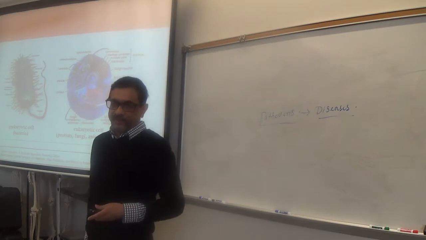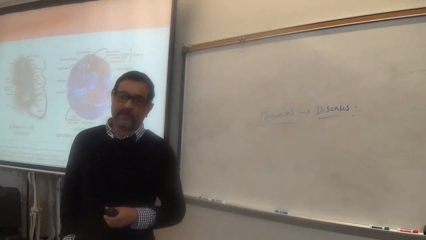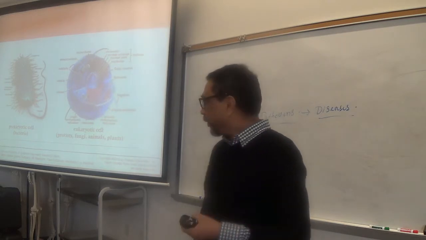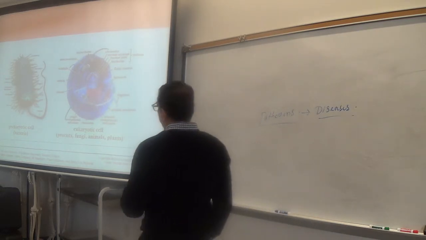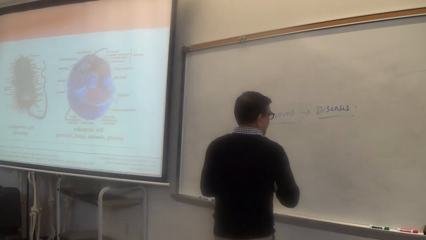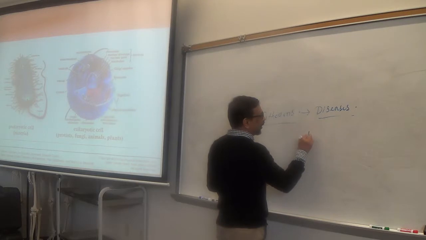The cells could be two types. In the organisms, the cells could be two types. One type of cells are called prokaryotes. Another are eukaryotes.